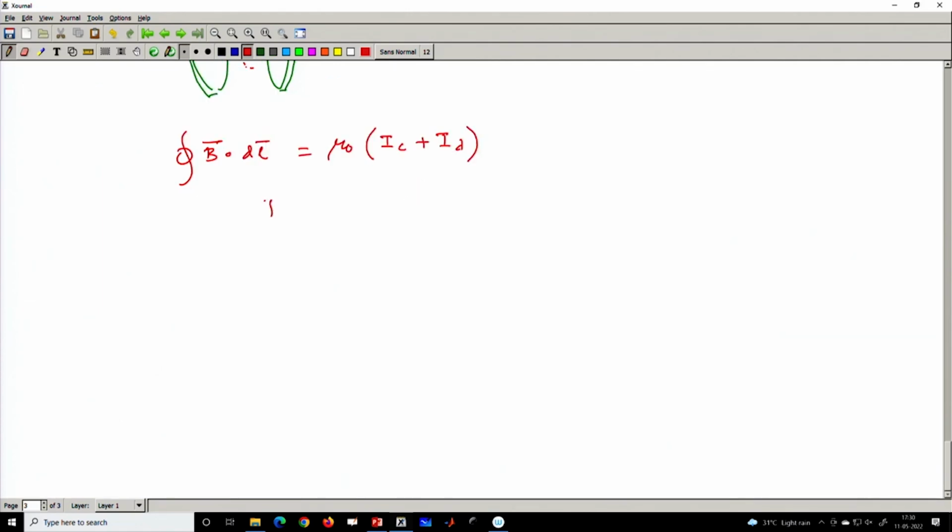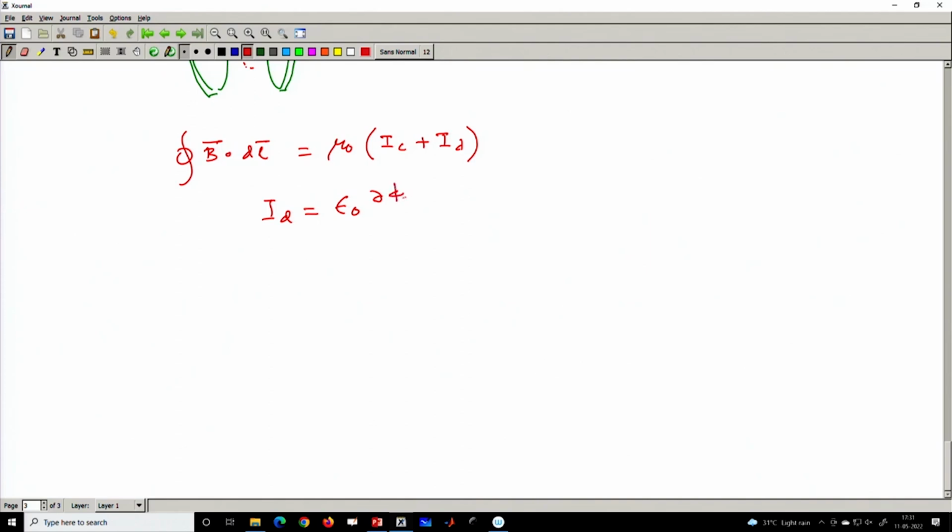ID is epsilon 0 times del, the displacement current is del. So I should now write ID in terms of flux.